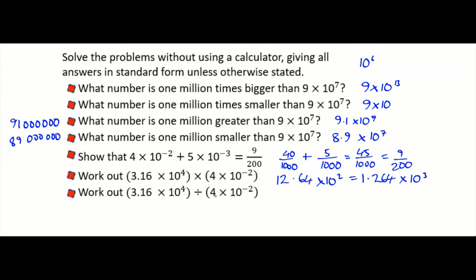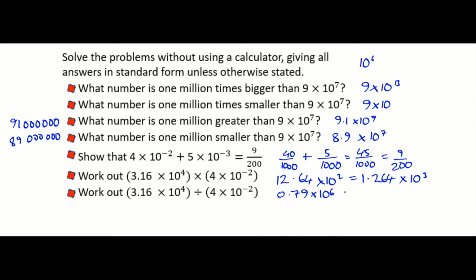3.16 divided by 4, well, 3 divided by 4 is 0.75, 0.16 divided by 4 is 0.04, so I think that's 0.79. And then we've got 10 to the 4 divided by 10 to the minus 2. We need to be careful here. We've got 4 minus minus 2, which is 4 plus 2, which is 6.